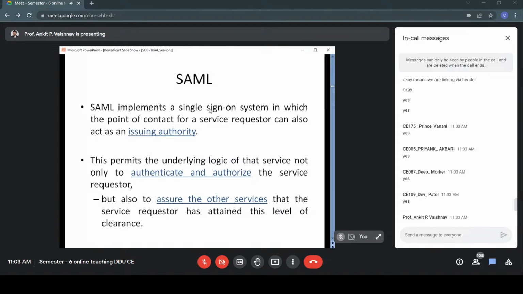So SAML implements a single sign-on system in which the point of contact for a service requester can also act as an issuing authority. This is what I was telling you. The first service where you connect on the provider side can act as an issuing authority. Now, what do you understand by this term, issuing authority?